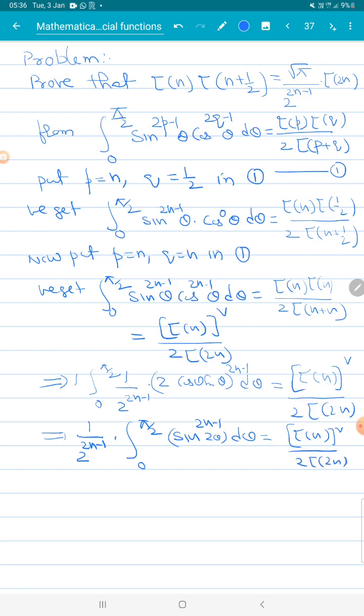Now let 2 theta is equal to alpha. This implies that 2 d theta is equal to d alpha.